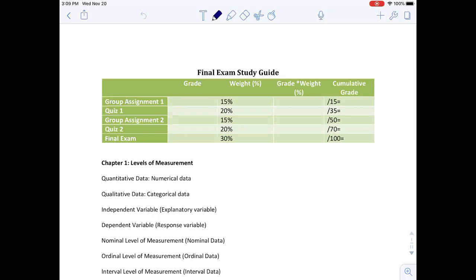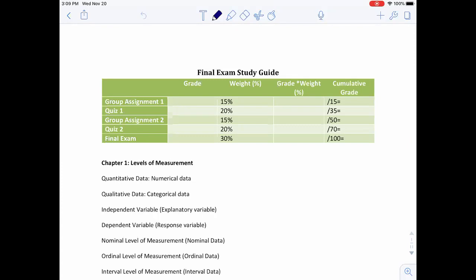And so a good skill to have is to know what your grade is, especially because at the end of the term, I'll send out an email being like, hey, your final exam grades are posted. Oh, you guys know them already. But anyways, you have to check that these grades are what you expect them to be, right? And so you have your grade for your group assignment, your quiz 1, your group assignment 2, and your quiz 2, and then you'll have your grade for your final exam.